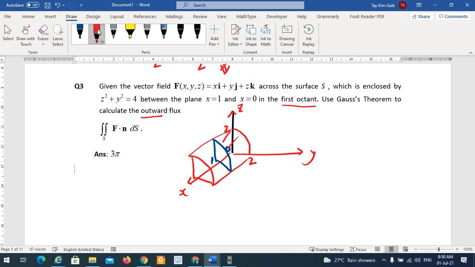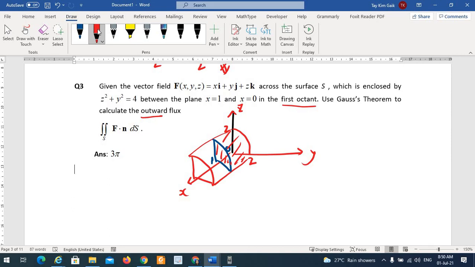In the first octant, that's why you take your water tumbler, cut into 4 parts, and take 1/4 of the portion only.